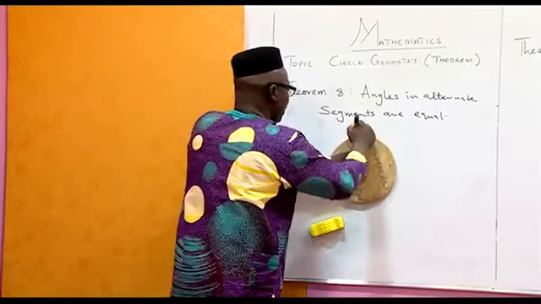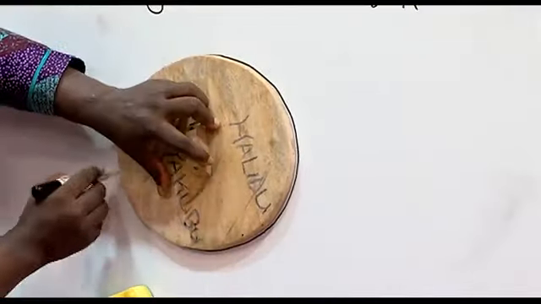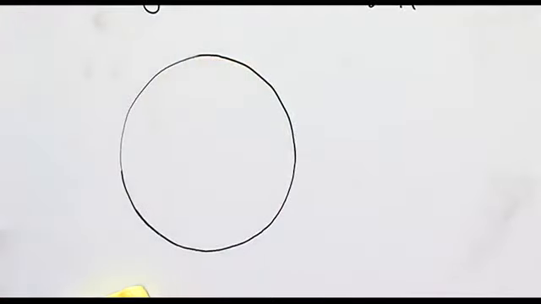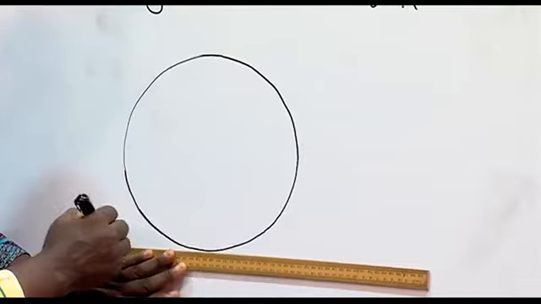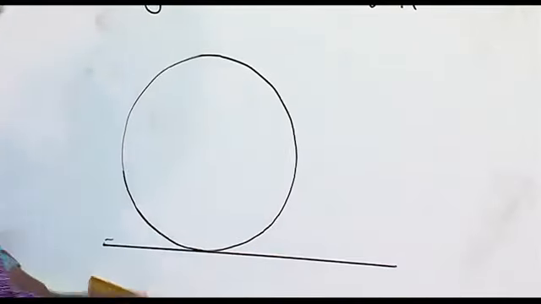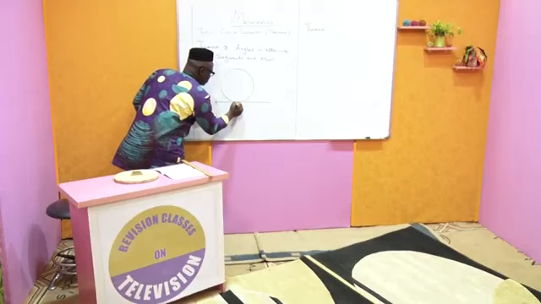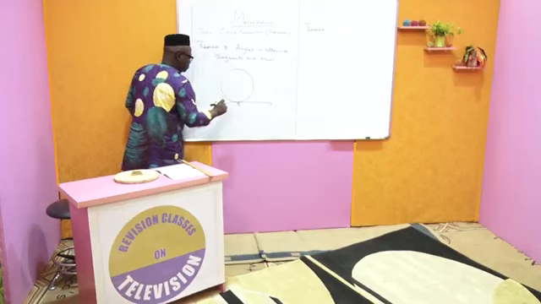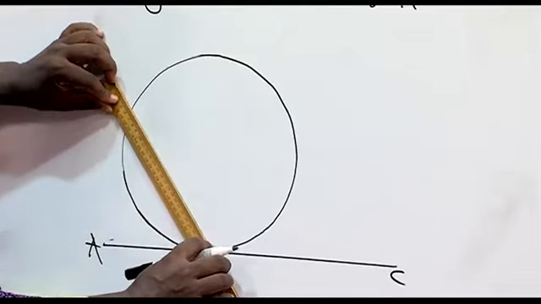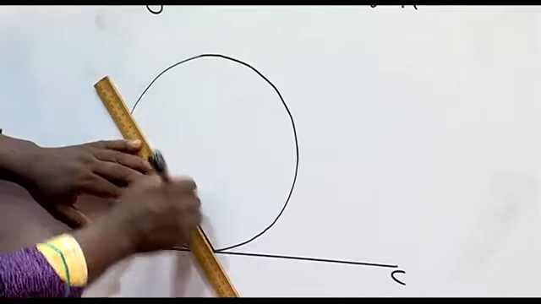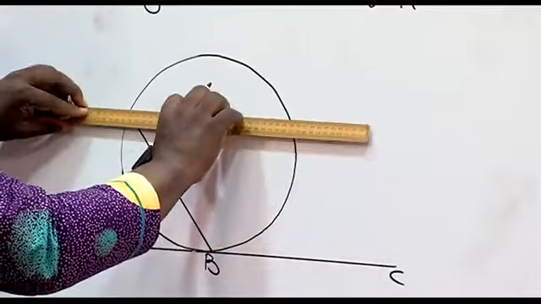If you have a circle like this, and there is a tangent, which is ABC, and then we have a triangle inscribed in the circle like this.